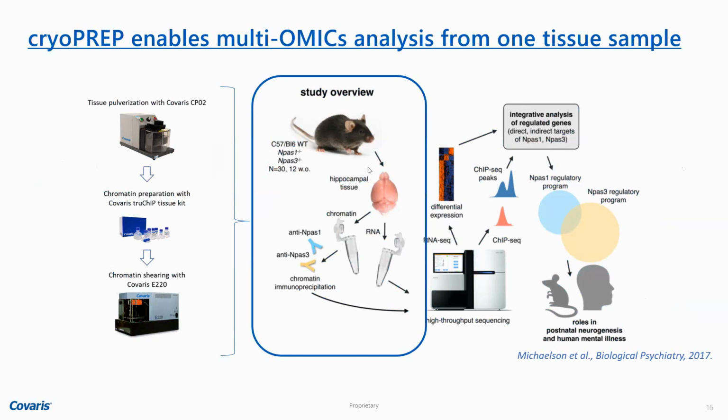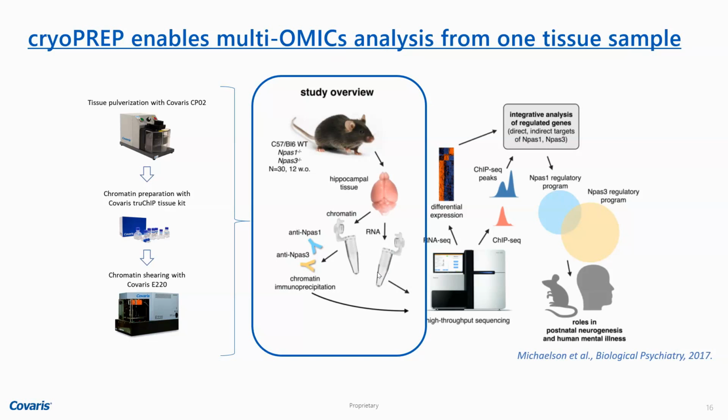What they are doing is working on mouse hippocampus. They extract the hippocampal regions, then they pulverize the tissue in the CryoPrep, and then they distribute part of the tissue for chromatin analysis, in this paper NPAS1 and NPAS3, and part of the tissue for RNA analysis.